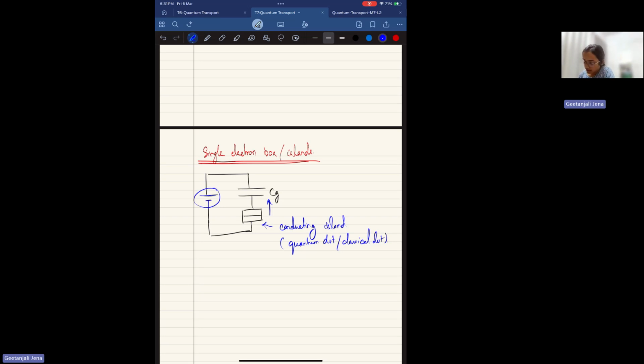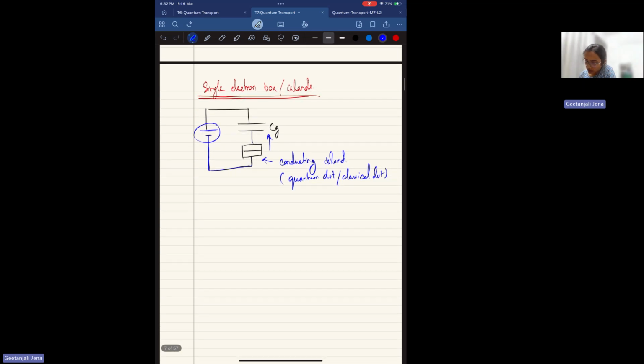But because it is tunnel coupled to the source voltage and also capacitively coupled to the gate voltage, we'll see that there will be a Coulomb blockade effect.